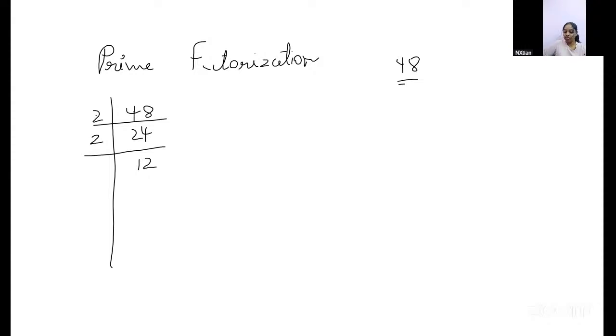Then again write 2 because 12 is coming in the table of 2. 2 sixes are 12, 6 is also coming. 2 threes are 6. Now comes 3. 3 is not coming in the table of 2, but it comes in the table of 3. So write 3, one time. You have to do it until you have 1 at the end.